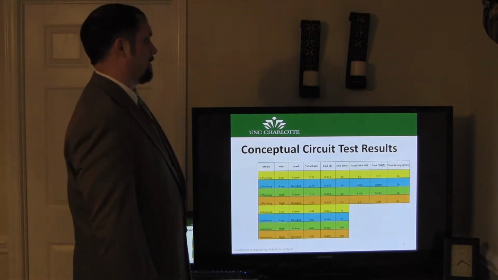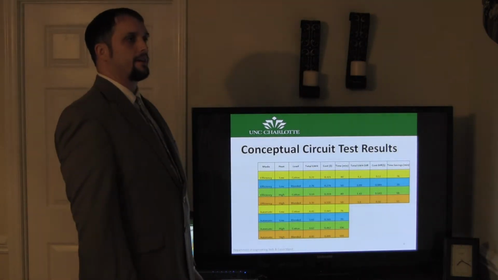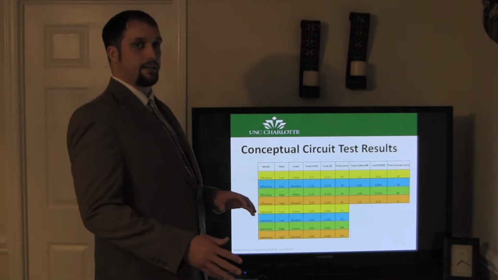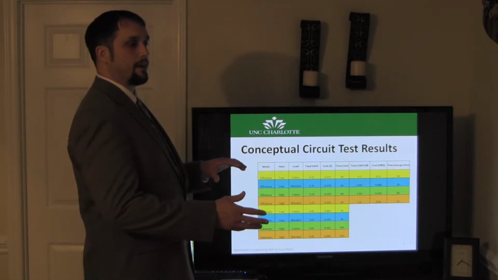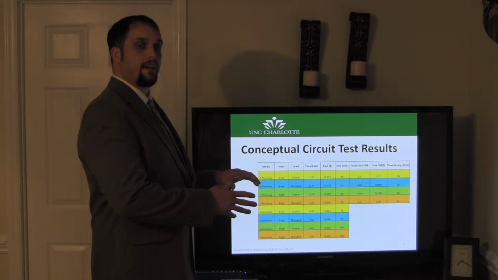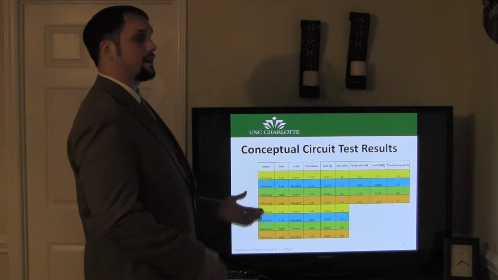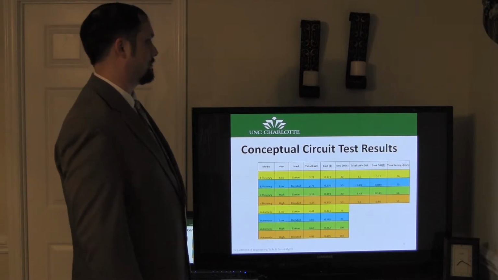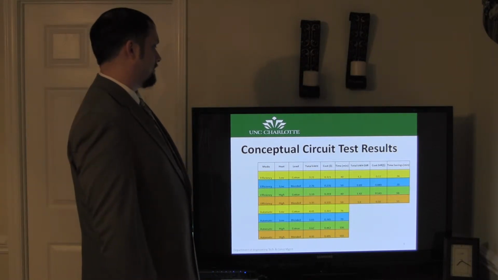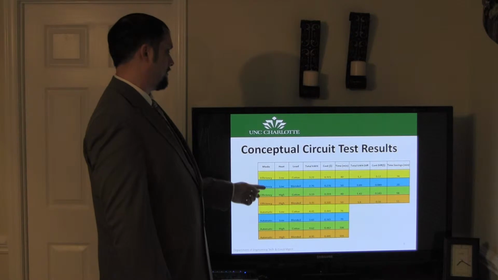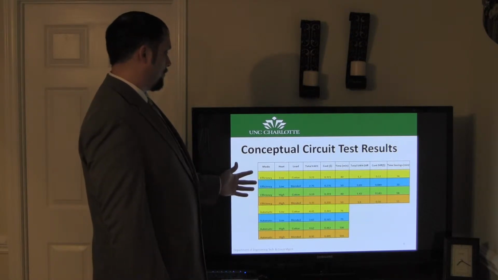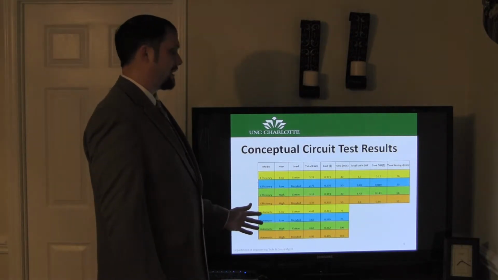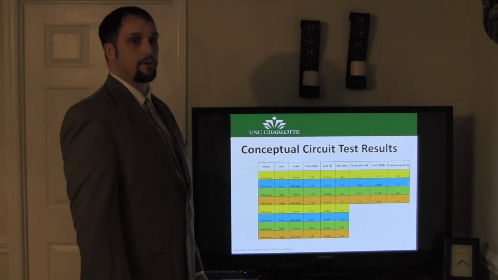So what we did is we implemented, like I said, the relays into the test set that we designed, and that was our conceptual circuit. We ran some tests on our conceptual circuit, and what you see here is the mode. You have 4 efficiency modes, and we compared them to 4 automatic modes.